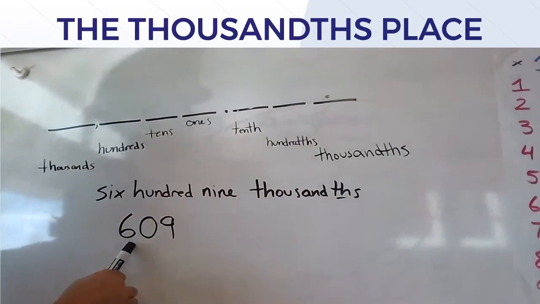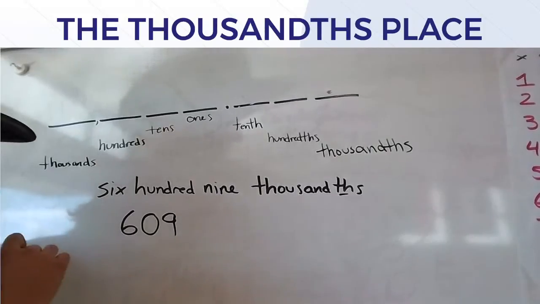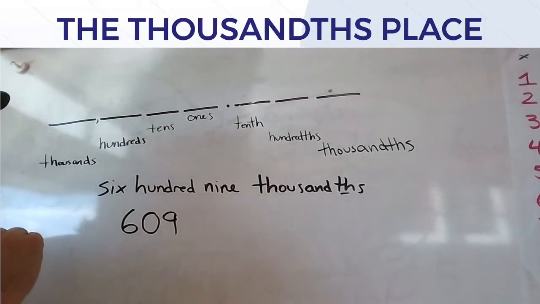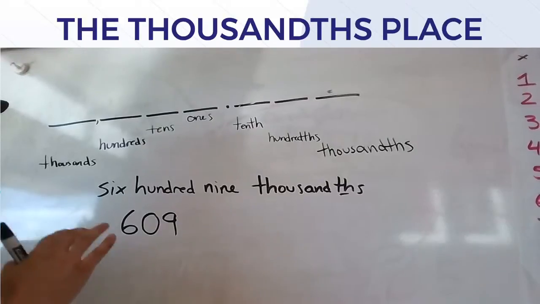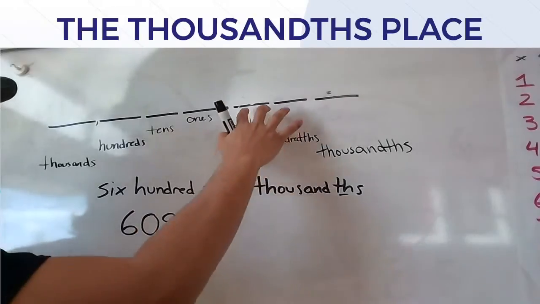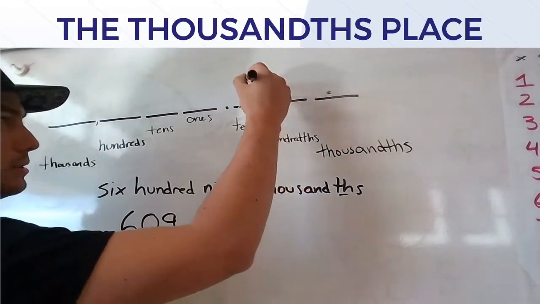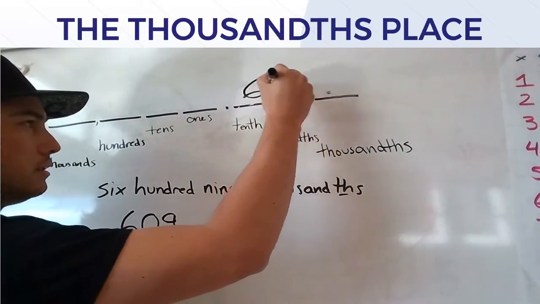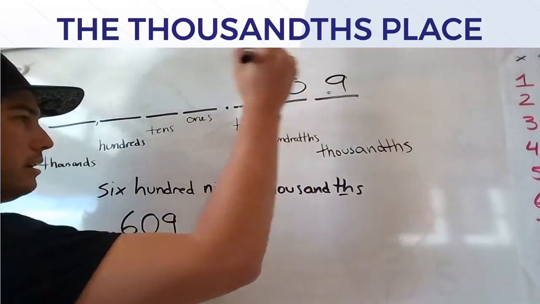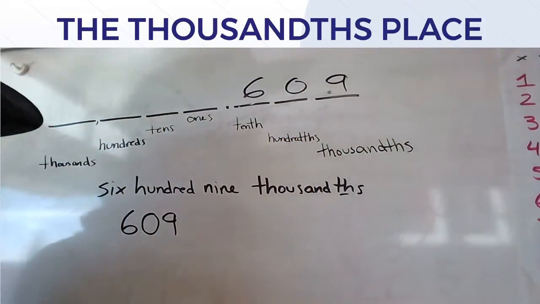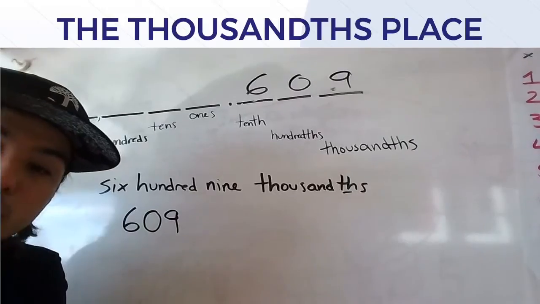So if this number was going to go and end in the thousandths place, where would we need to start it? Yeah, because we've got 3 digits, and then we've got 3 places to the thousandths. So we can just start it right in the tenths. So 609 thousandths. And it looks just like that.